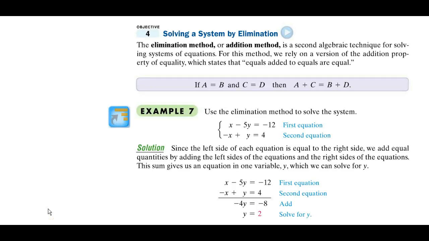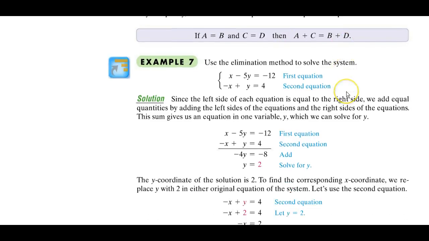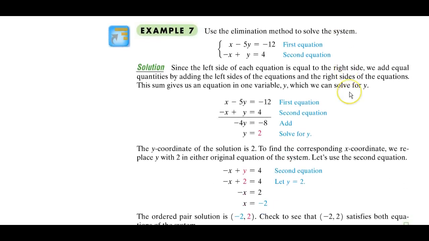Graphing, which would be really tough for these fractions, but showing you the kind of thing that's going on to simultaneously solve these equations, and the substitution method, where you solve for one letter, then use that other value in the other equation, substituting. Now there is another method still, and this method is called the elimination method. And there is a protocol for this, and it's showing you nicely here how to do it.